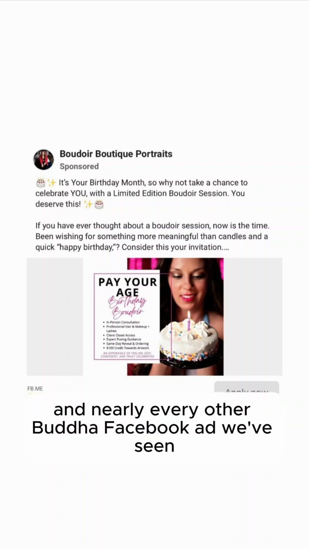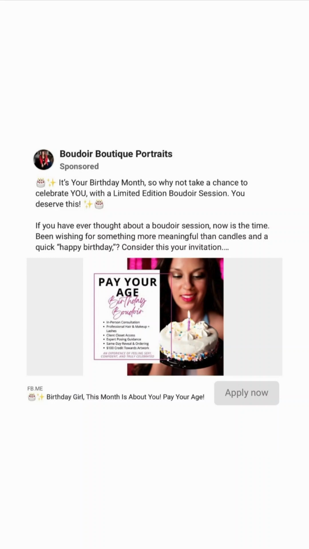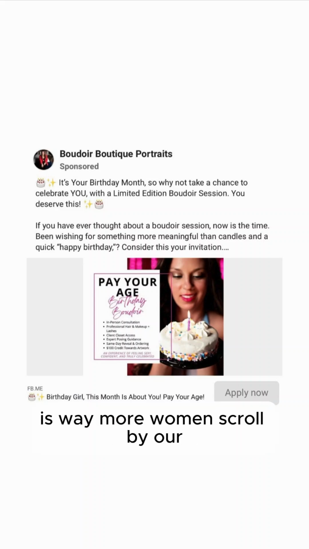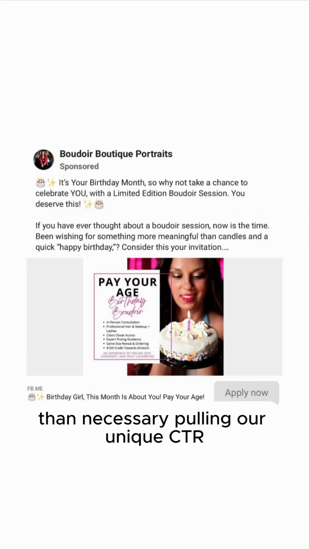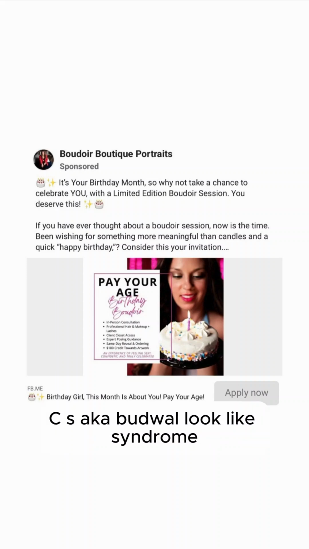And nearly every other boudoir Facebook ad we've seen, nearly all of them look like ads. The consequence of this is way more women scroll by our ad than necessary, pulling our unique CTR under 6%, and contributing to BLCS, aka boudoir low click syndrome.